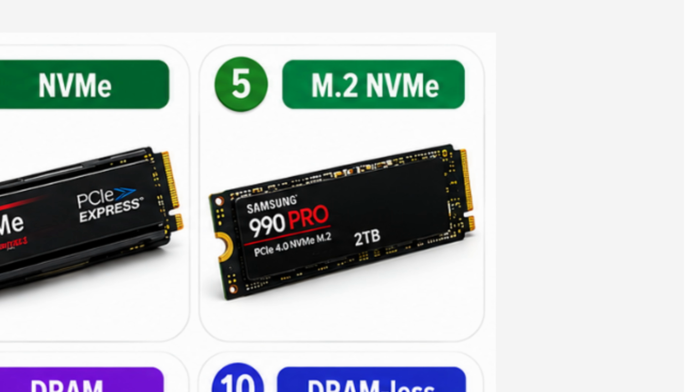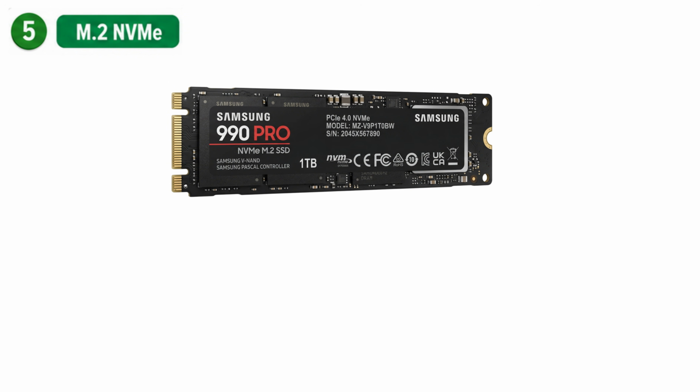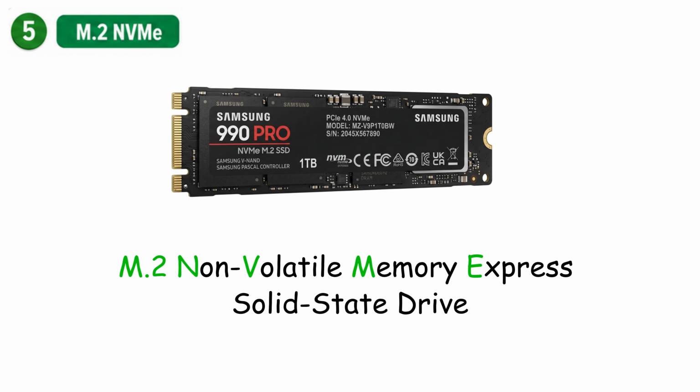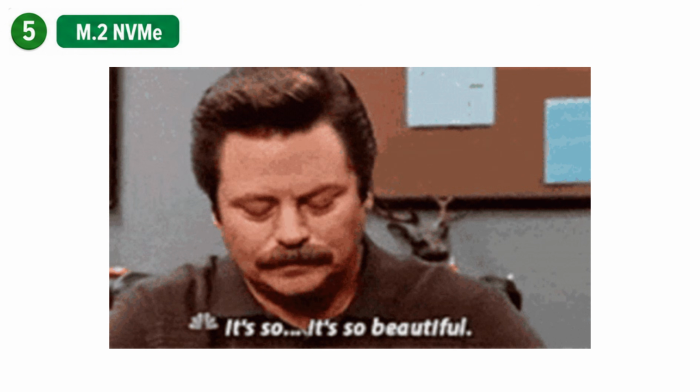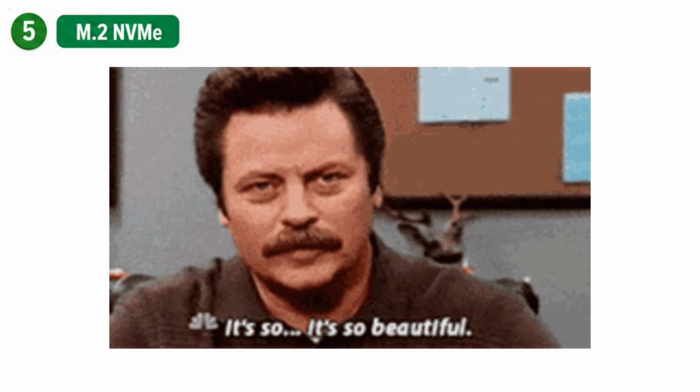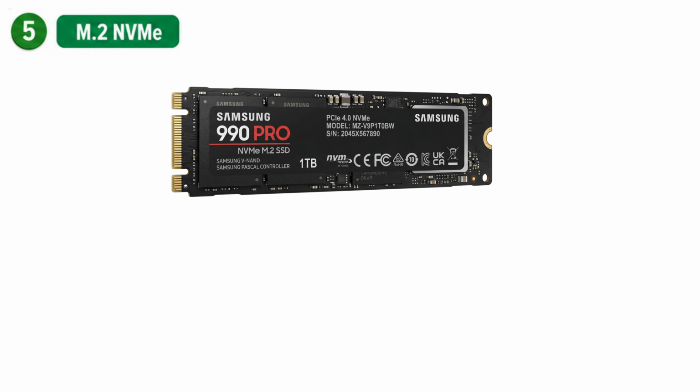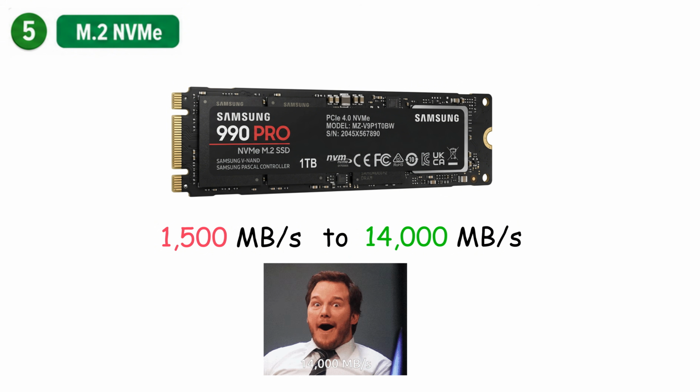M.2 NVMe. M.2 NVMe Non-Volatile Memory Express Solid-State Drives, or M.2 NVMe SSDs, merge the sleek M.2 form factor with the NVMe protocol. Depending on the PCIe generation, speeds can vary from 1,500 megabytes per second to over 14,000 megabytes per second.